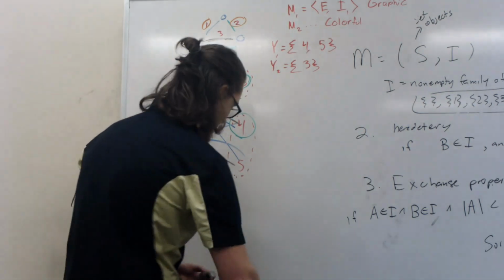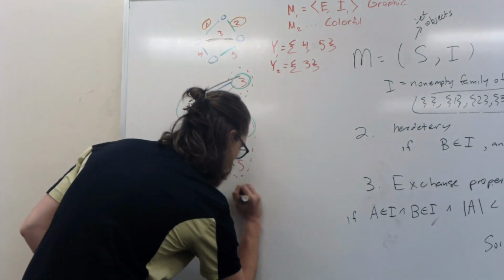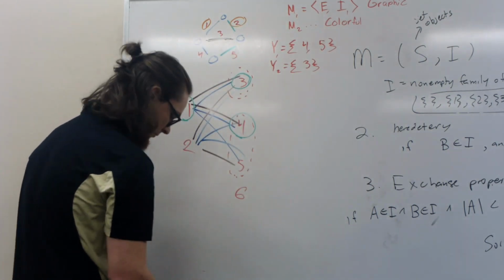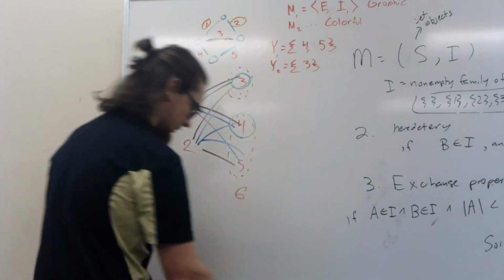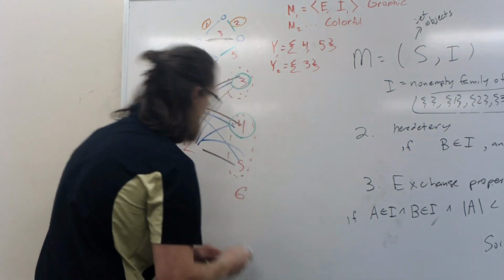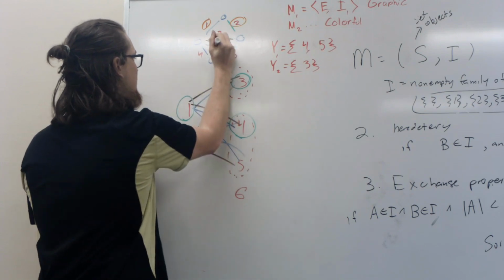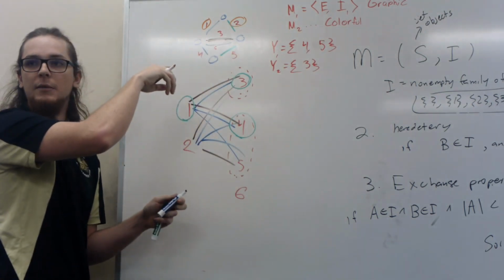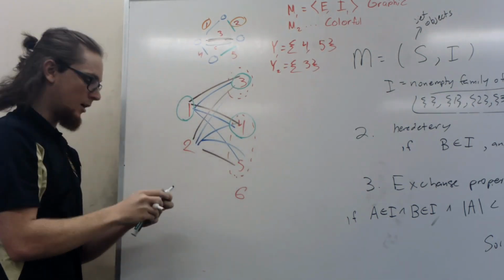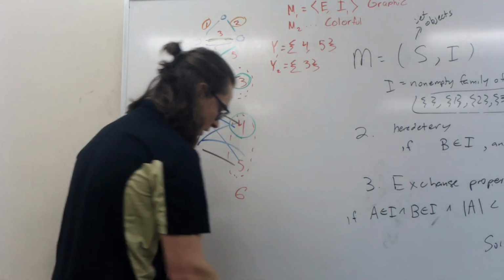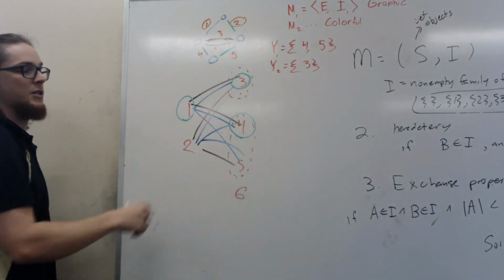If we have another edge like 6, maybe the edge 6 is a blue edge of these guys, and neither Matroid is perfectly comfortable with this edge. So it's not a member of either, but maybe you need to add it to perform an exchange.